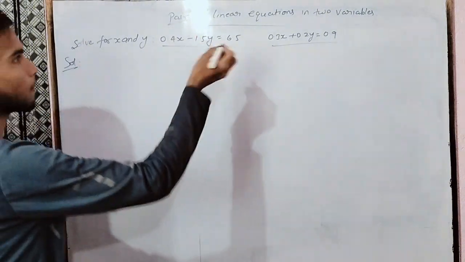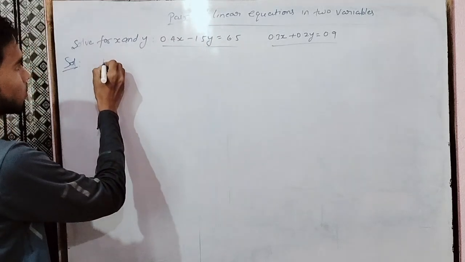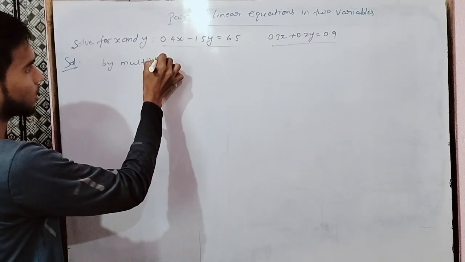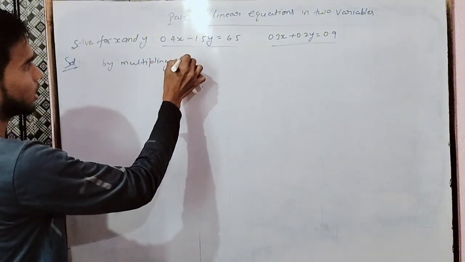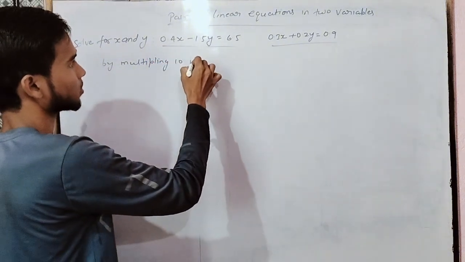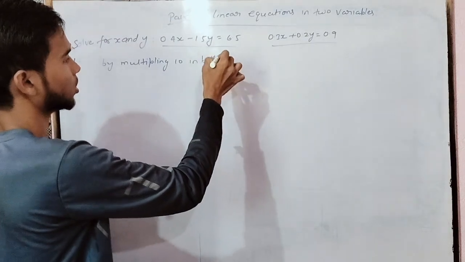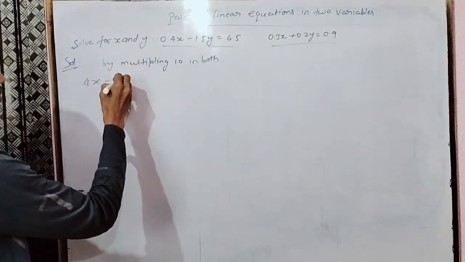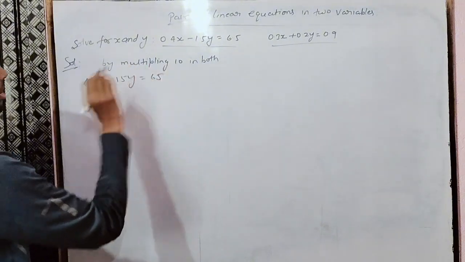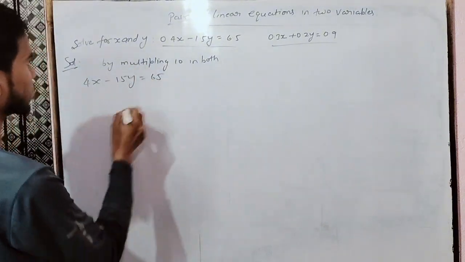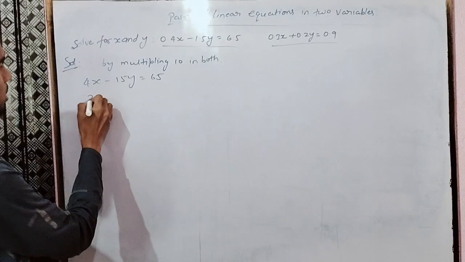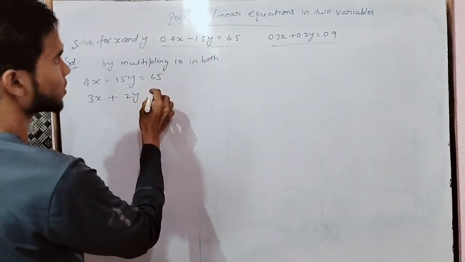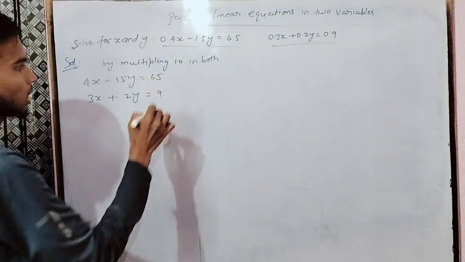We will multiply both equations by 10. So the first becomes 4x minus 15y equals 65, and the next becomes 3x plus 2y equals 9.